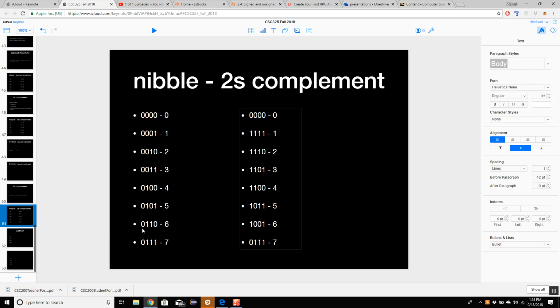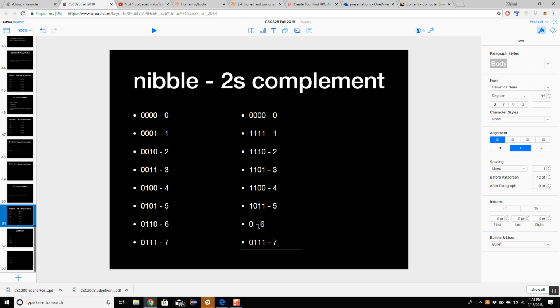Oh no, you flip each bit. You're not reversing it. Every 0 becomes a 1, every 1 becomes a 0. I get what you're saying.